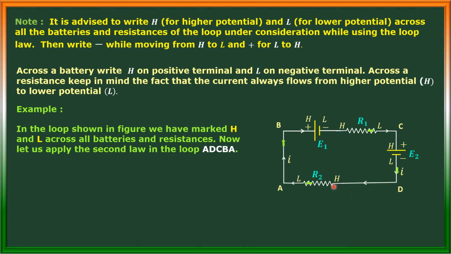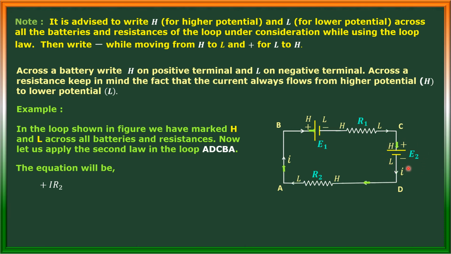So when current I is flowing through the resistor, the potential difference developed across this resistor is IR2. So take this IR2 as positive. The equation will be plus IR2. So I reach the point D, then I have to move from D to C. Here there is a battery.